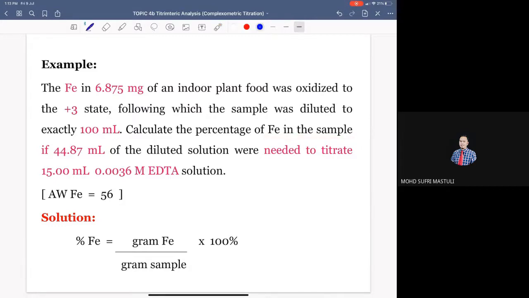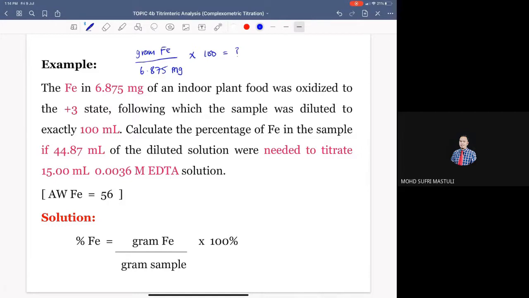So meaning that you want to know the gram of Fe divided by the gram of sample, or milligram, times 100. So you want to know this one.